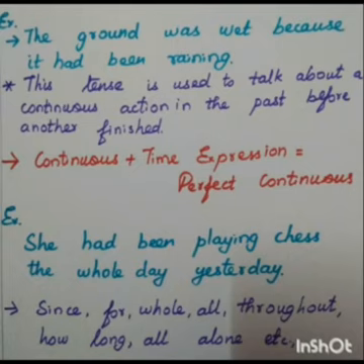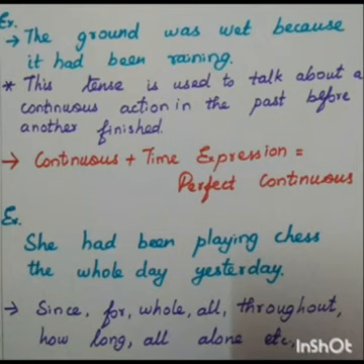So we can see that this tense is used to talk about a continuous action in the past before another finished action. Okay, understood? It has rained already, so the ground was wet. Understood?